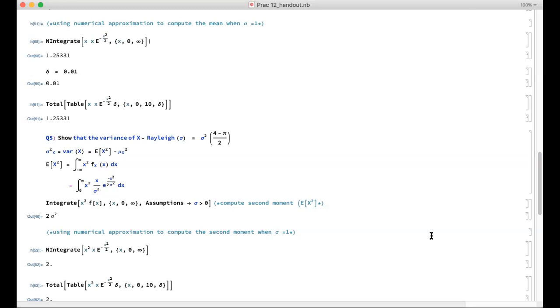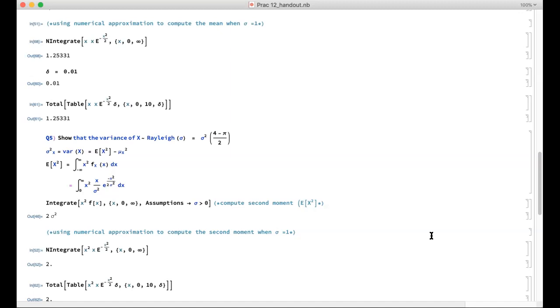So I started with by parts, where u is x squared, and dv is x over sigma squared e to the power minus x squared divided by 2 sigma squared. Okay, that's the u times v part, and the rest is the integral of v du part.